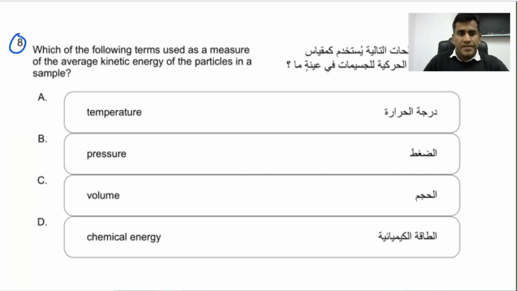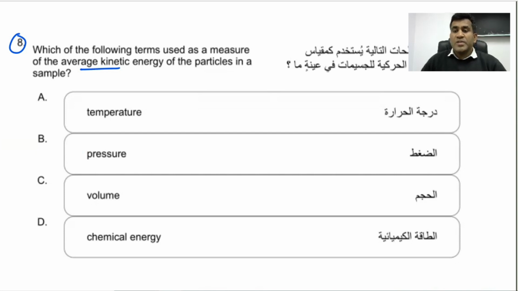Question number 8 is, which of the following terms is used as a measure of the average kinetic energy of the particles in a sample? So they are asking for the definition of average kinetic energy. Average kinetic energy is basically related to the change in the temperature of the system. Imagine you have a container with gas in it.